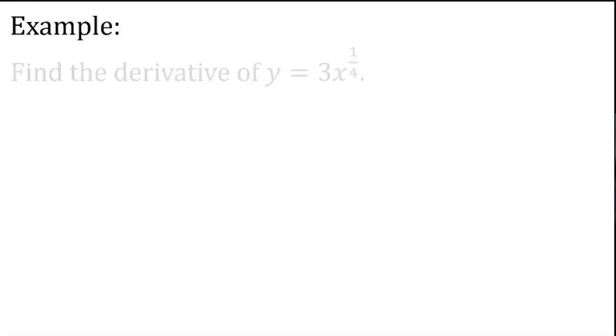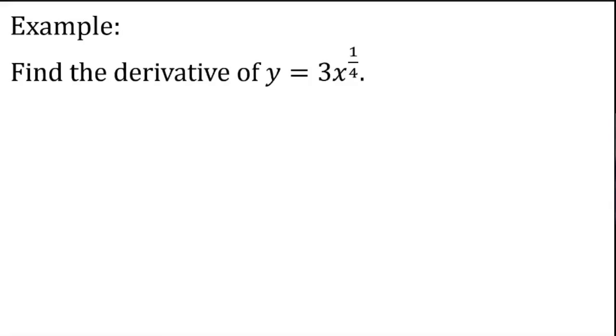Another example. The rule can also be applied to functions with rational exponents. So find the derivative of y equals 3x raised to 1/4. So dy over dx equals 1/4 times 3x raised to 1/4 minus 1.